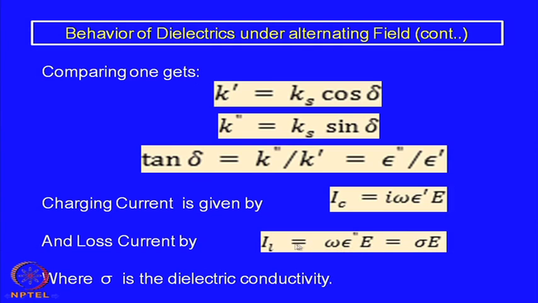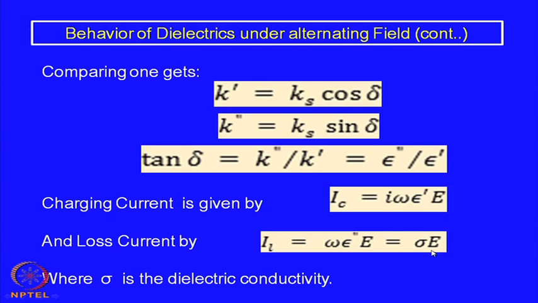This is from Ohm's law, relating the electric field and the current. So, this becomes a constant which is equal to sigma, the conductivity, which is called the dielectric conductivity, and it is a product of two parameters: omega, the frequency, and the imaginary part of the dielectric permittivity.